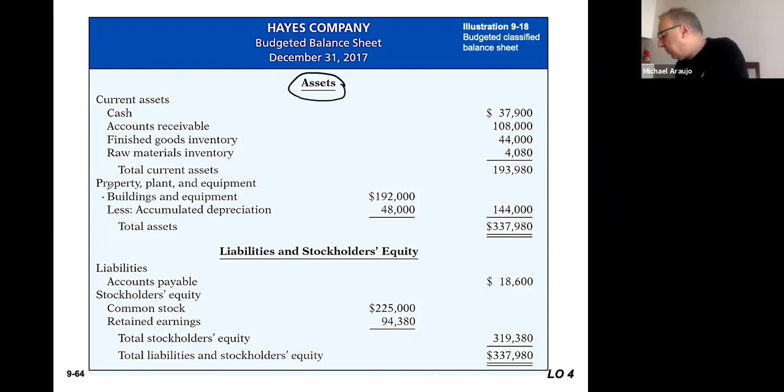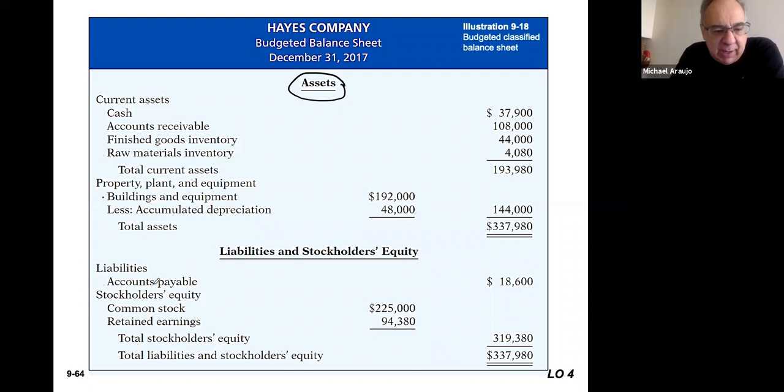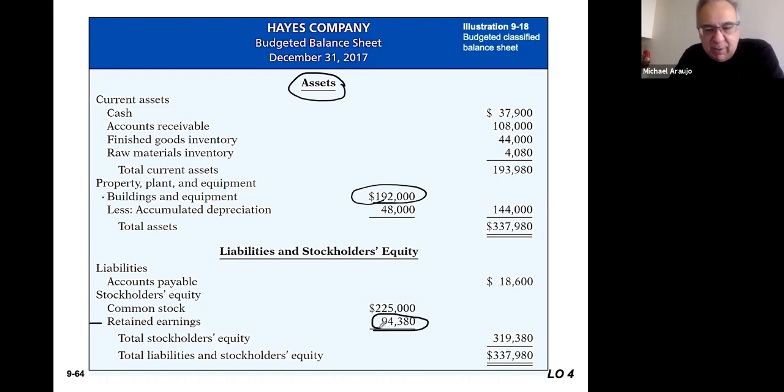Then in terms of your retained earnings, you're going to see that change, so this is definitely going to change with the truck. This is also going to change because you have projected in your budgeted income statement a profit for 2017.